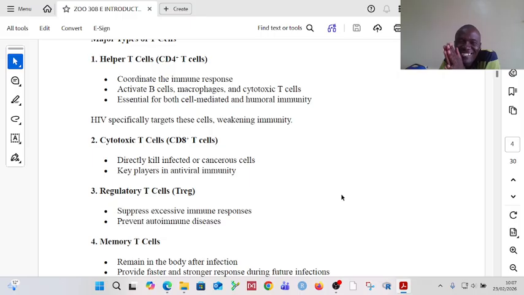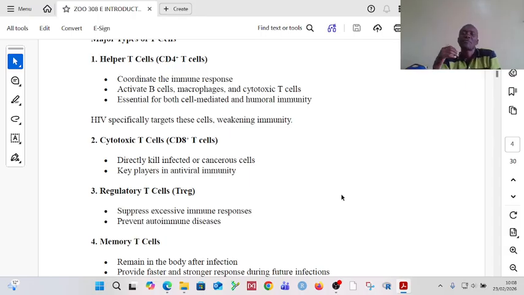The third type is a group of T cells which are responsible for the suppression of the immune responses whenever these responses are excessive. We call them the regulatory T cells. Just from that word, it means they do some regulation.